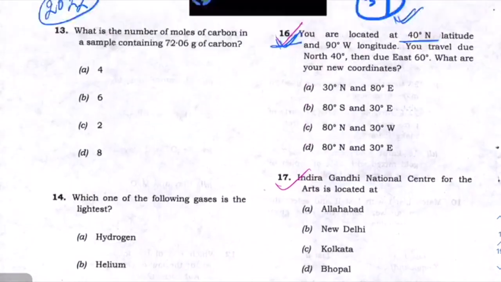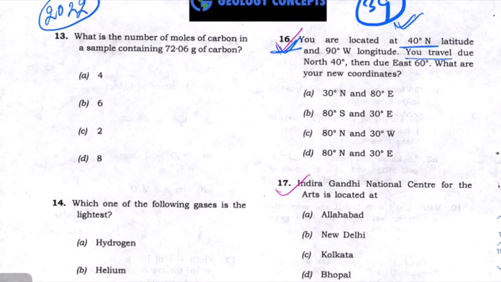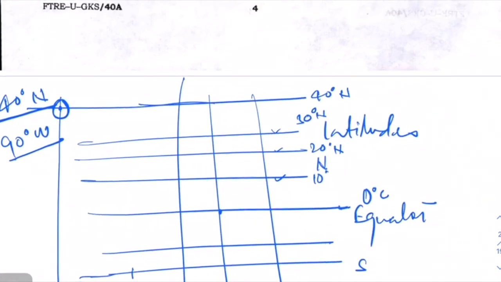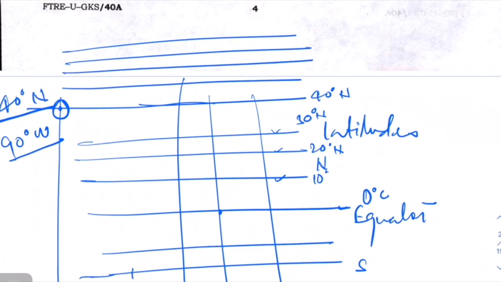The question says you travel due north 40° and due east 60°. What are the new location coordinates? So you have to travel 40° north and 60° east. Fine. You have to further travel 40° north, meaning this 40°. So this line is going to be 50, 60, 70 and 80.